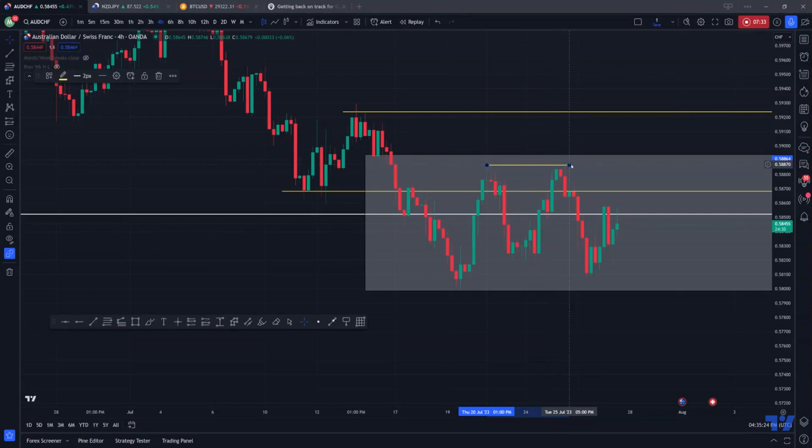I'm going to change the color, I need something more solid. Let me just make it like the blue line. So we have equal highs here, and then we have the equal lows too. We have a lot of wicks, as you can tell, so we had a lot of rejection here.